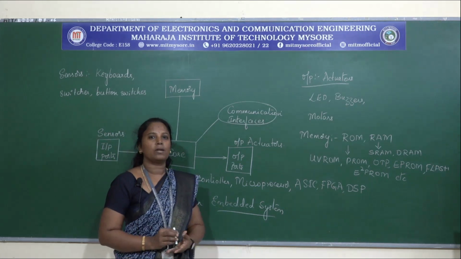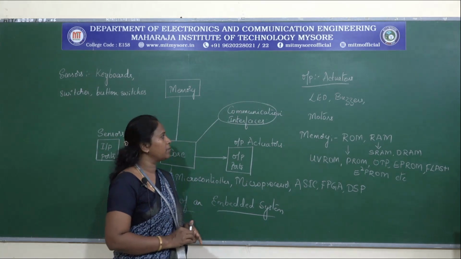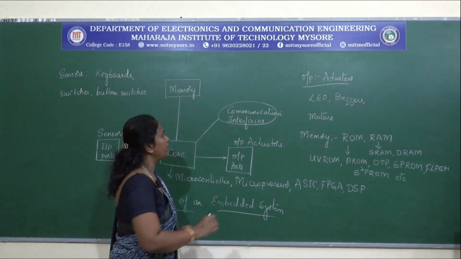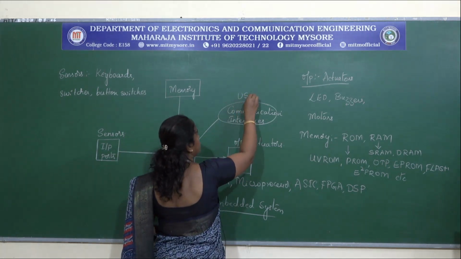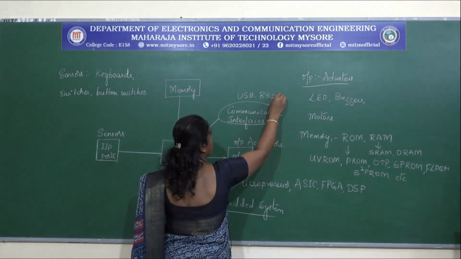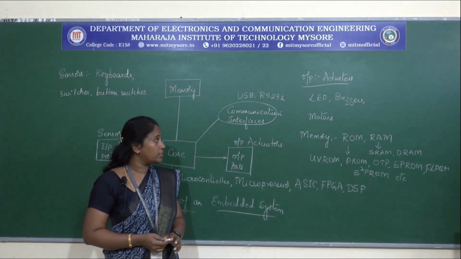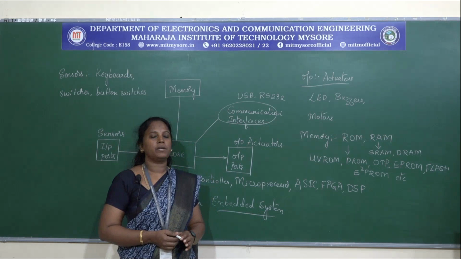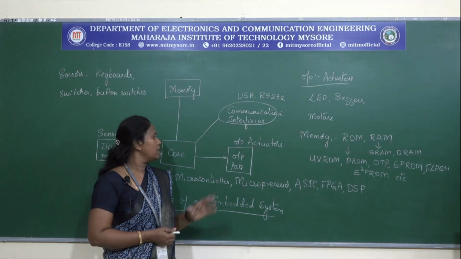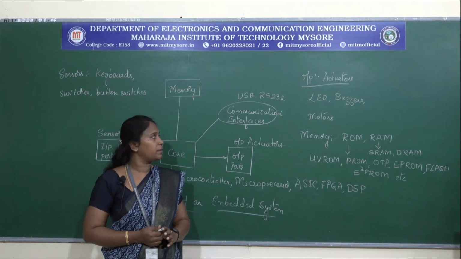Other than this, what are the other elements we require with respect to our embedded system? Other communication interfaces, for example your USB device or your RS-232, that means if you want a parallel or a serial communication interface, those can also be attached to the core of your embedded system.